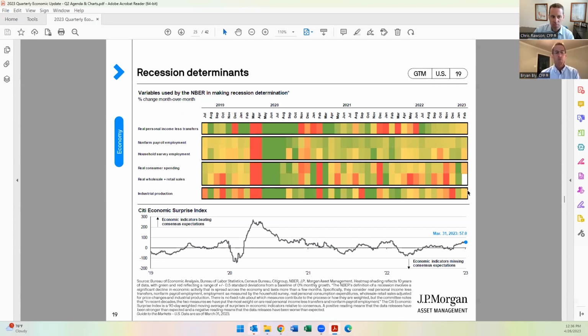These are the official determinants, and this is what the NBER uses. So while it's not all rosy, things are declining a little bit. The growth is declining. We'll see as time goes on if we get into a brief or slight recession here in 23 or the following year.